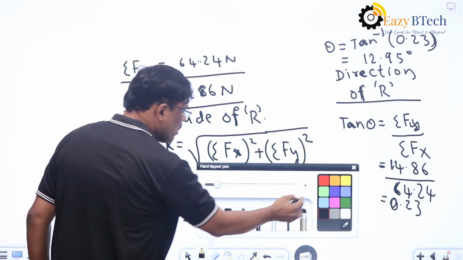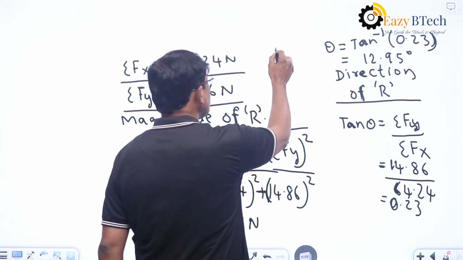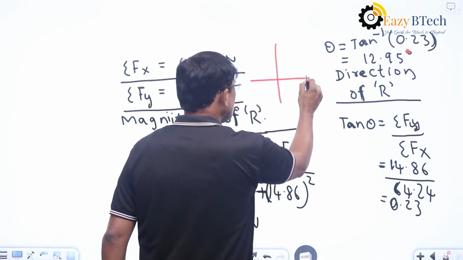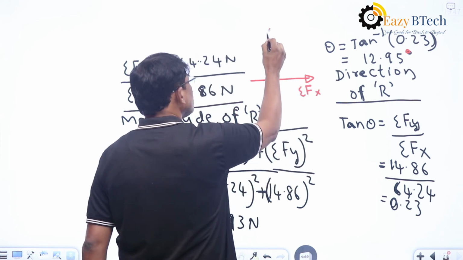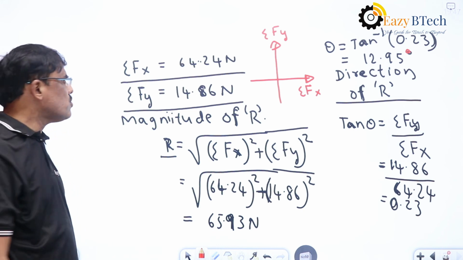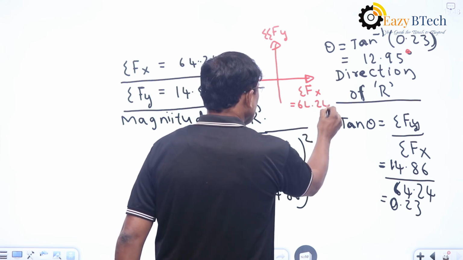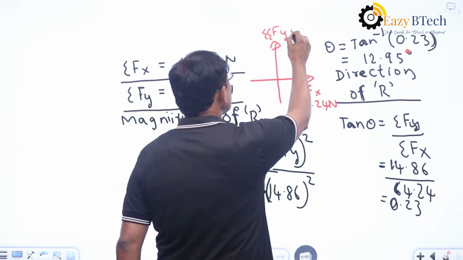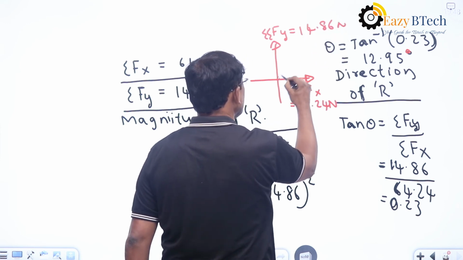And in this case, you can represent the resultant like this. Both sigma Fx and sigma Fy are positive here. One value is sigma Fx, which is equal to 64.24 newtons, and another is sigma Fy, which is 14.86 newtons.